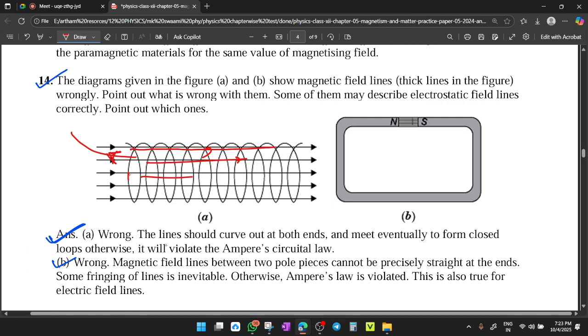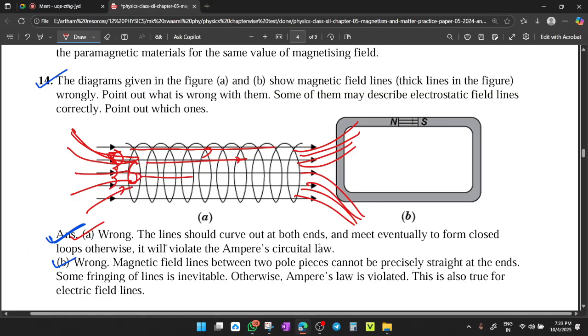If this is the south pole, the lines of force come in like this and radiate out from here, because outside, if the medium is air, they will fringe somewhere. So the first answer is wrong.